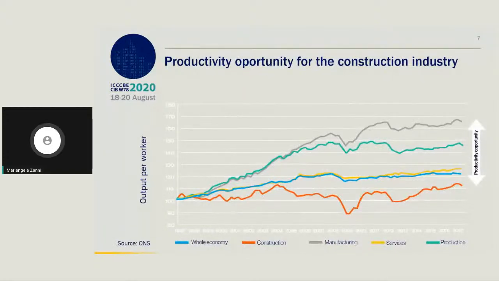The same reports outline the need for improvement of productivity in the construction industry by following principles that are already used in manufacturing. As you can see, there's a huge opportunity to improve productivity, and BIM can assist in doing so.